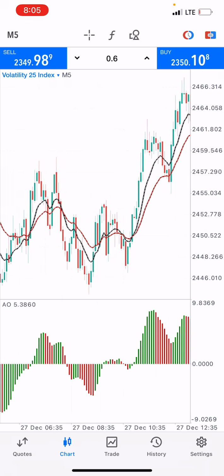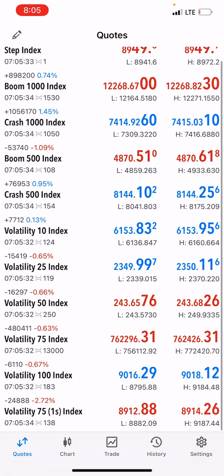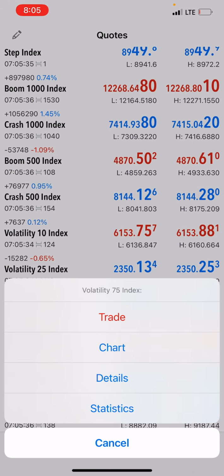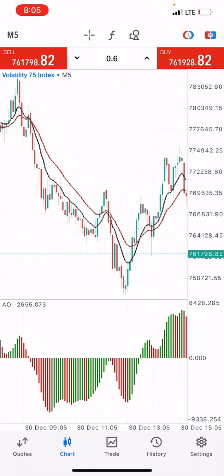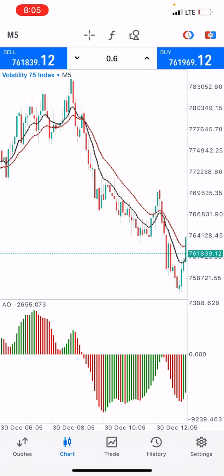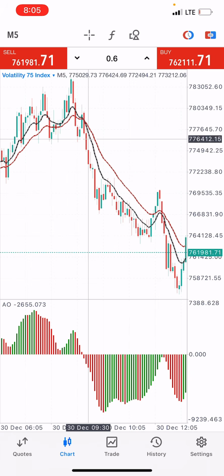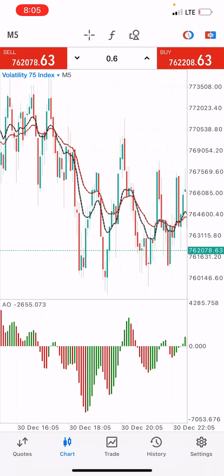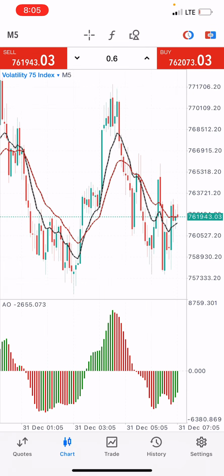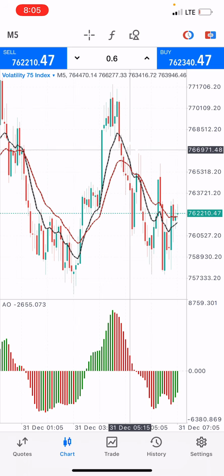So right now let's check it on volatility 75 index. Open it on volatility 75 index, guys. You can see it works as long as the conditions are met. Look, it's a sell. Once those two conditions are met, then you wait for the market to move for you.